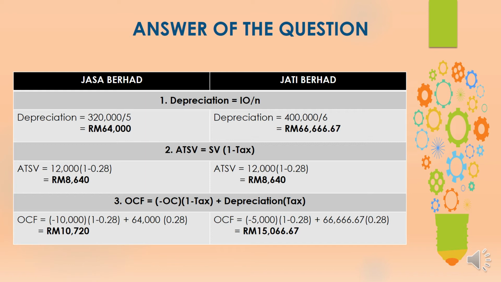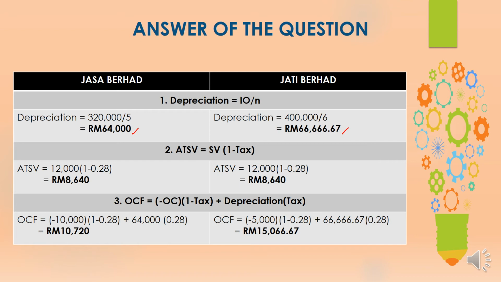You will get the answer for Jasa Berhad depreciation of 64,000 ringgit, while for Jati Berhad, IO is given at 400,000 with a maturity period of 6 years. So you will get a depreciation value of 66,666 ringgit and 67 cents. This is the depreciation for Jati Berhad.